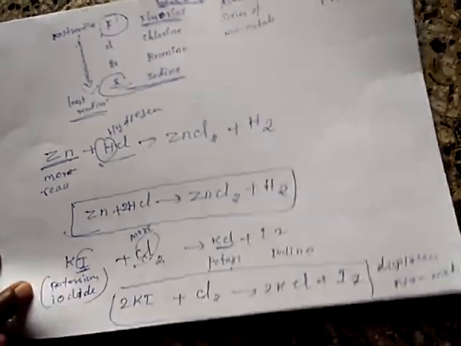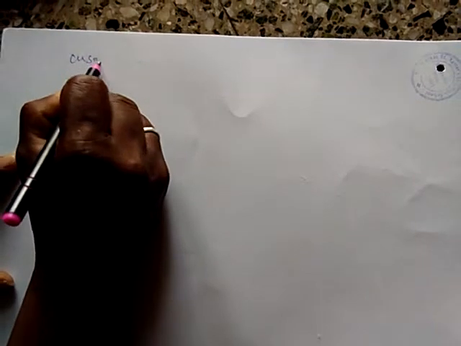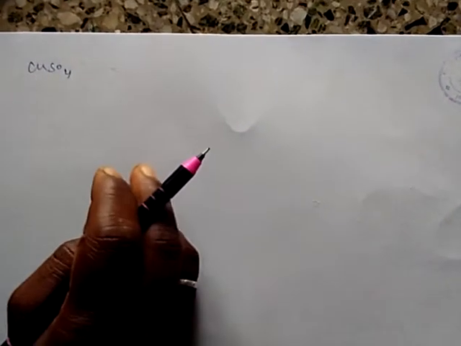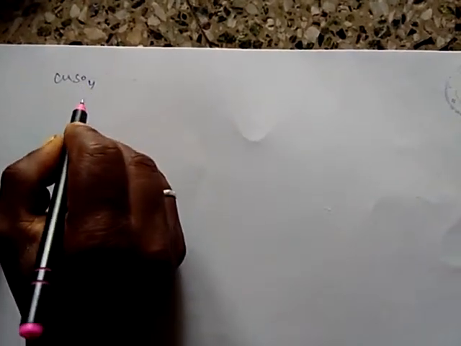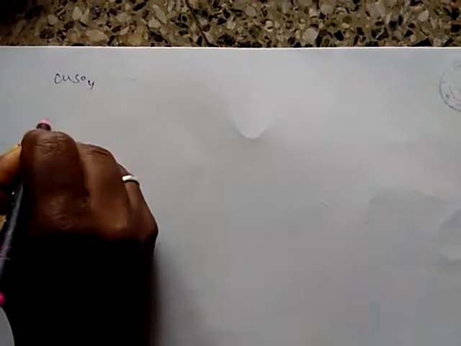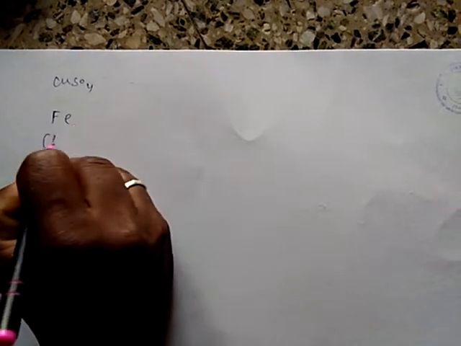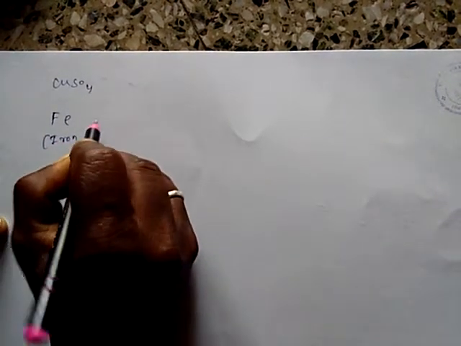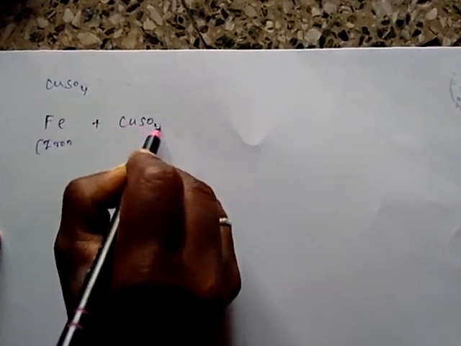Now let's try predicting reactions. What happens when an iron nail is placed in copper sulfate solution? First, let's write down the reactants. Here we have iron plus copper sulfate.